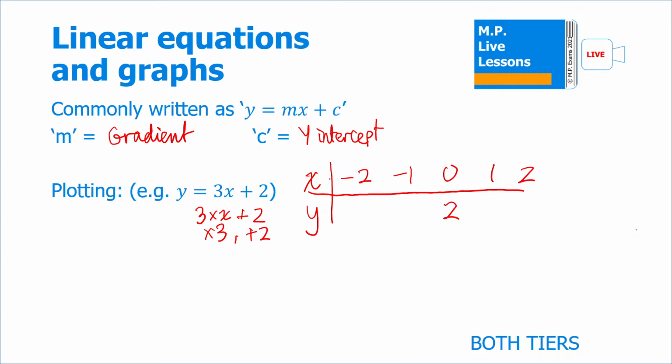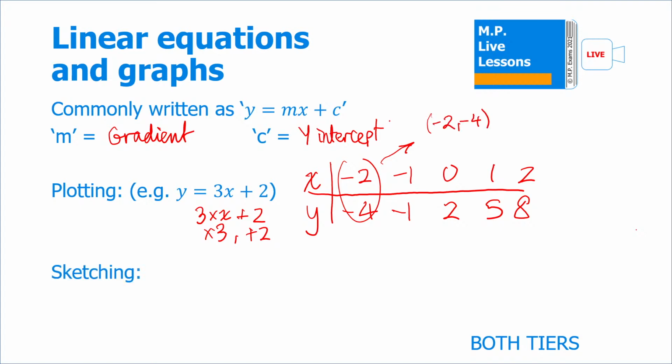At 1, it would increase to 5. And here are your other values. And these would be your coordinates. For example, this would be the point (-2, -4). And when you put it onto a little graph, I'm roughly plotting this. You should get a nice line where you could just simply draw like this.